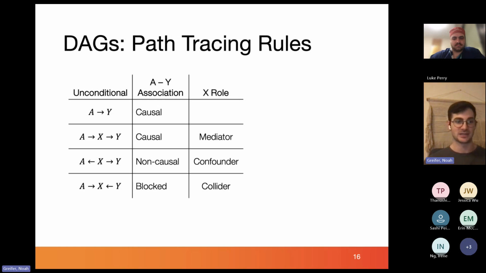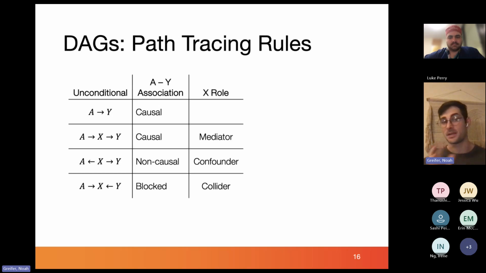And so what we say is the association between A and Y is blocked. I know that seems like aggressive language, but you can just understand it to mean there is no inherent association just because two variables cause a third. That third variable is called a collider. And you may be wondering why we are even talking about that if it doesn't have a causal relationship. I'll explain in a second.